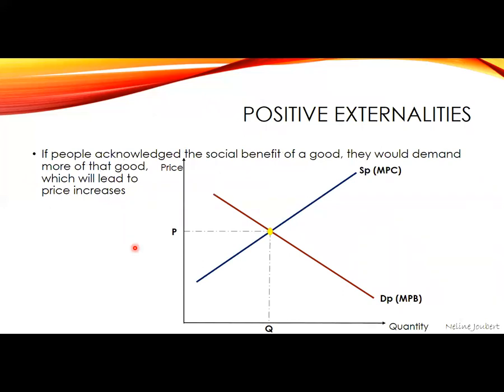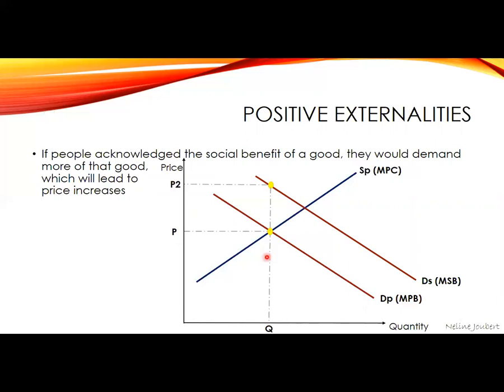Then we have our positive externalities. If people were to acknowledge the social benefit of certain goods, they would demand a lot more of that good. And an increase in demand, a shift of the demand curve, means that the price of the good will also increase.